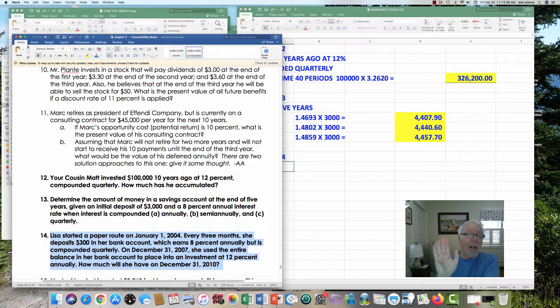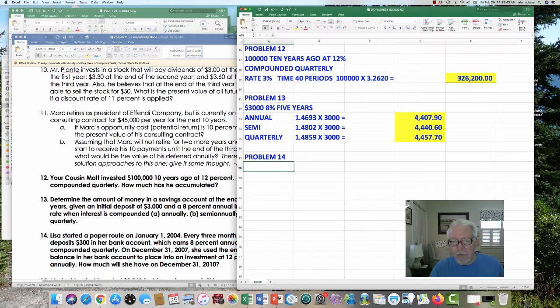Now, isn't that an annuity? Yes, it is. So she has, for the first several years, an annuity at $300 a month. I'm sorry, $300 a quarter. I apologize. She's going to place it in her bank account. It's going to make her 8% per year. I always give you annual rates, right?